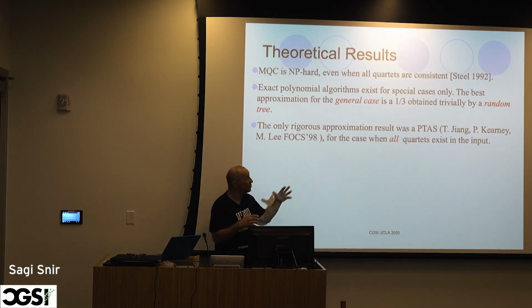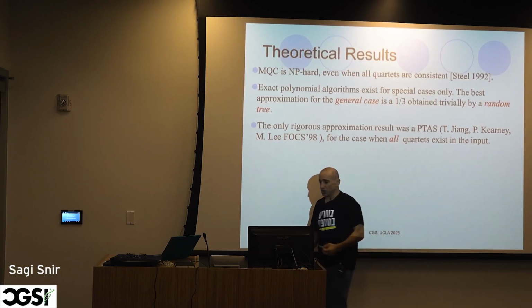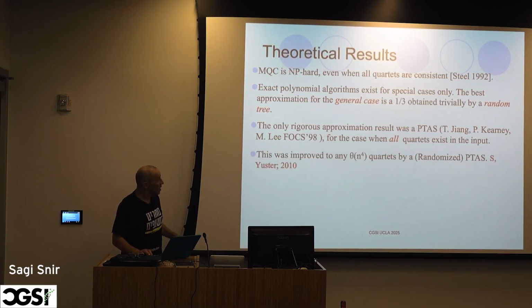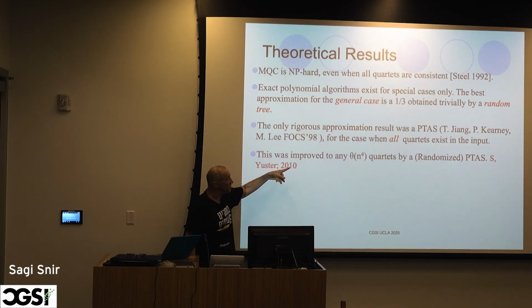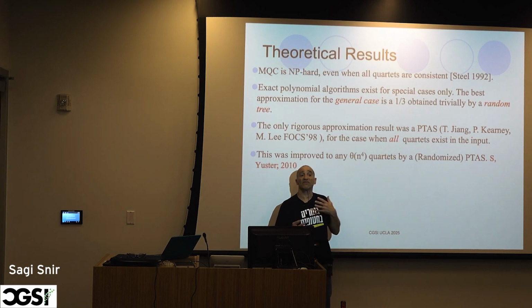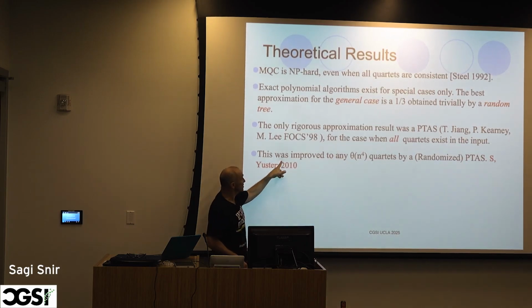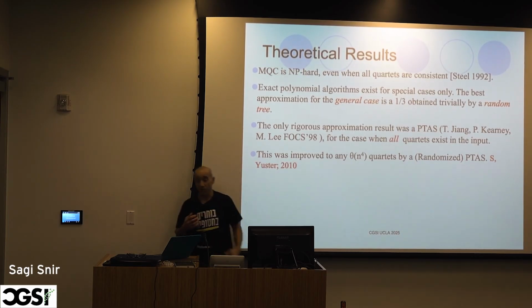So they don't agree, and there is a very exact approximation that we wish to have always. In 2010, we improved that, not to all the quartets, but to a fraction of them. So we still produce a PTAS, an exact approximation.